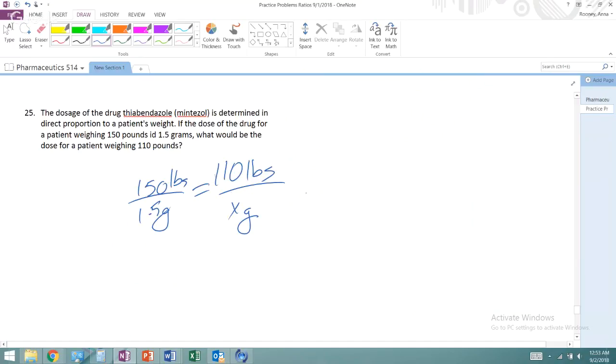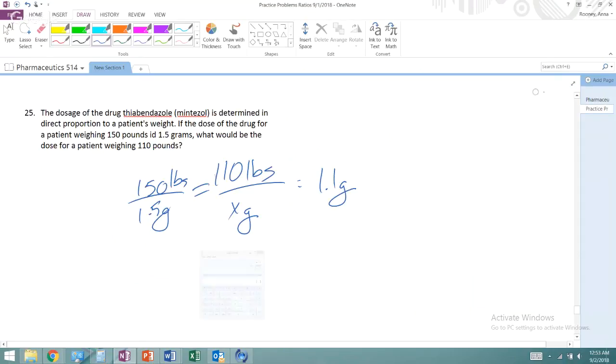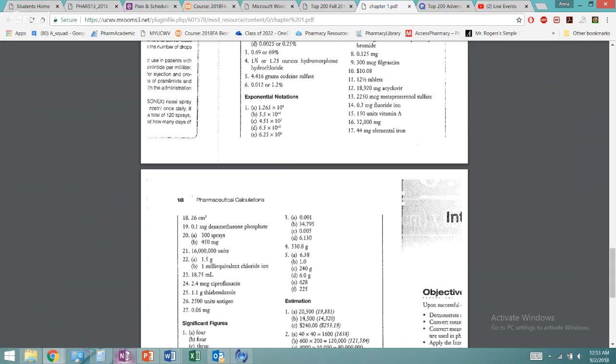Probably, because this is like a 1-to-1, it's probably 1.1 grams. I'm doing the cross multiply way to do it: 1.5 times 110, and then you divide by 150, which gives 1.1. So yep, that is correct according to my calculator. Then, where is it? 1.1.